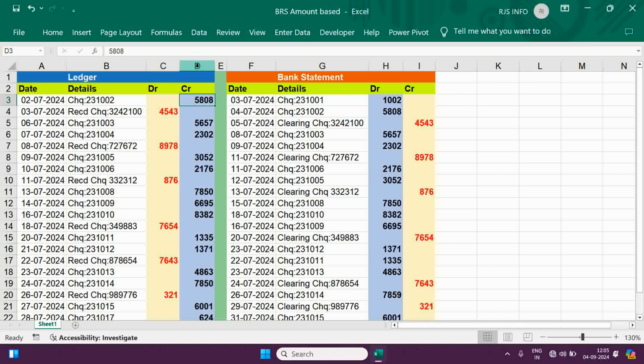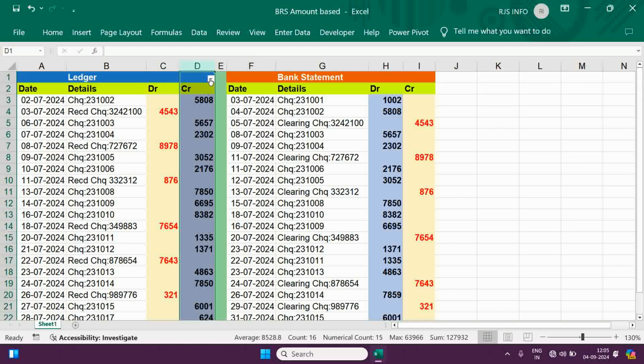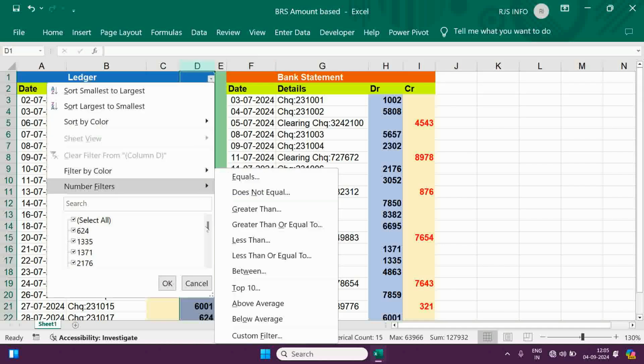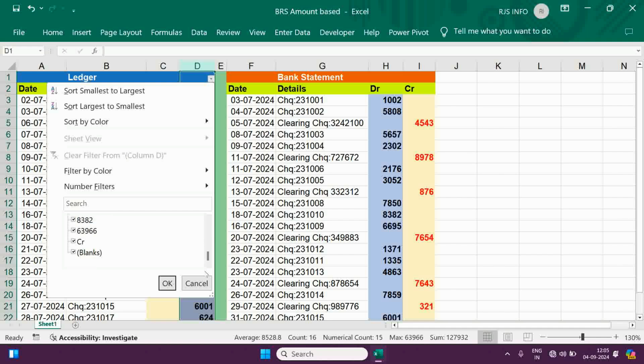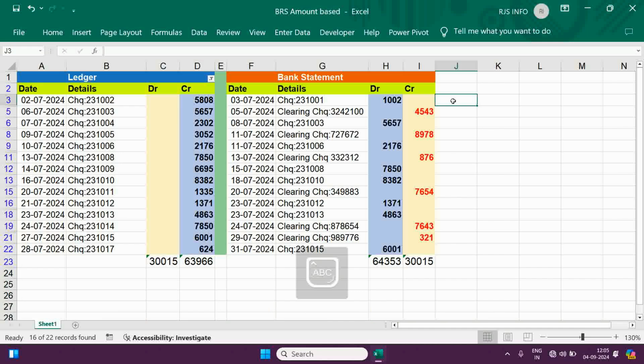So filter out only the entries. Take out blanks and filter out. Okay, only for these entries we need to reconcile. Index. We want to get the debit side.